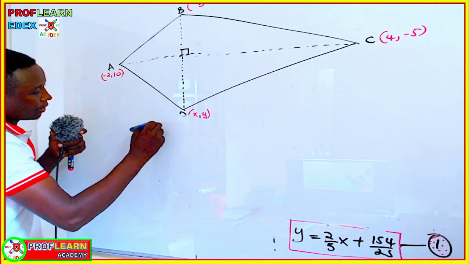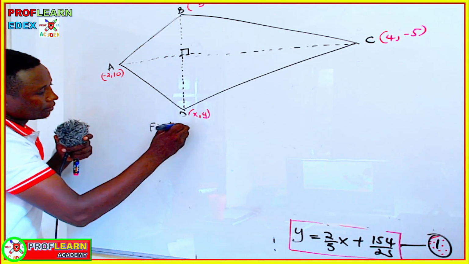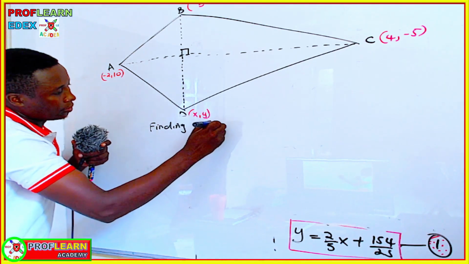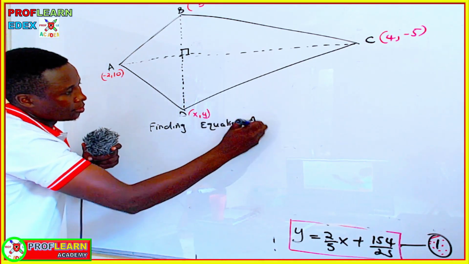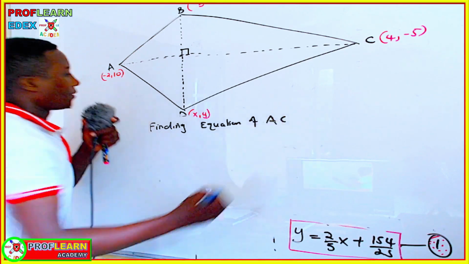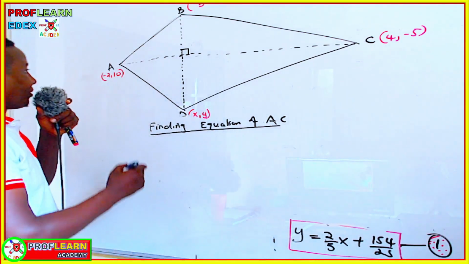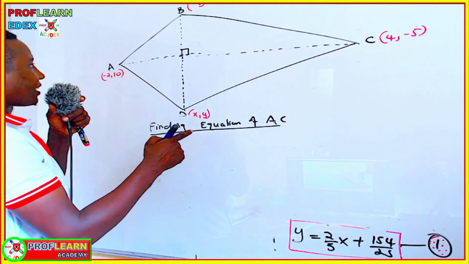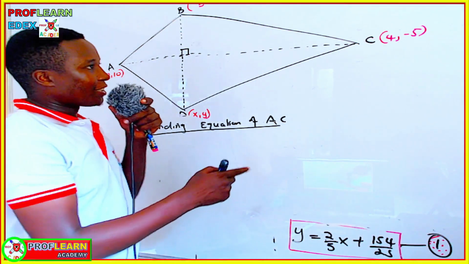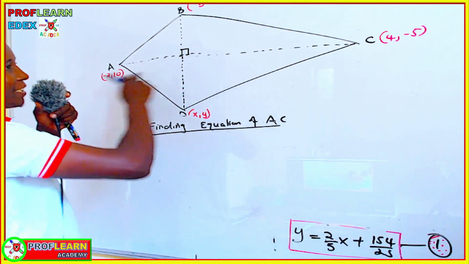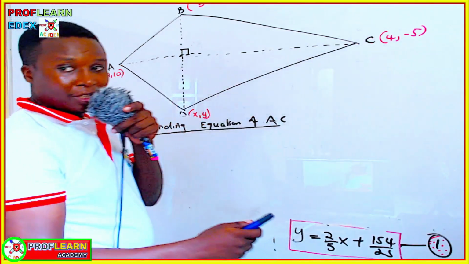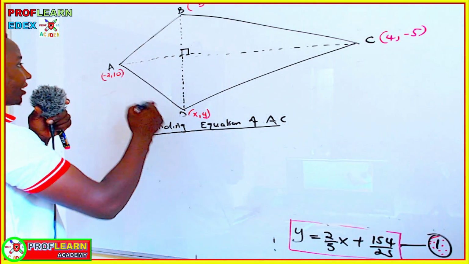Now we're going to say, finding the equation of AC. We know the gradient of AC is actually 5 over 2, because 10 minus this is actually 5 over 2.